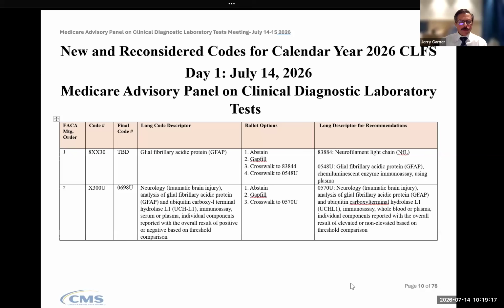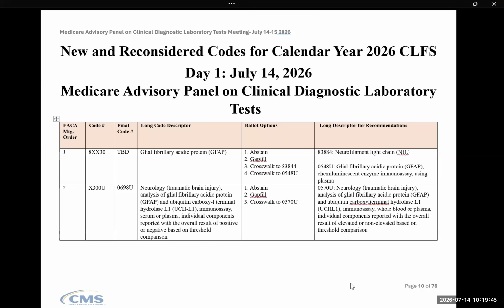This assay was sponsored by 2 associations and 1 manufacturer, suggesting a crosswalk to 0570U with a similar code descriptor. The subcommittee researched this test and found that these are, in fact, the same test and agree with the recommendation to crosswalk to 0570U. All right, are there any new options for the panel to consider?